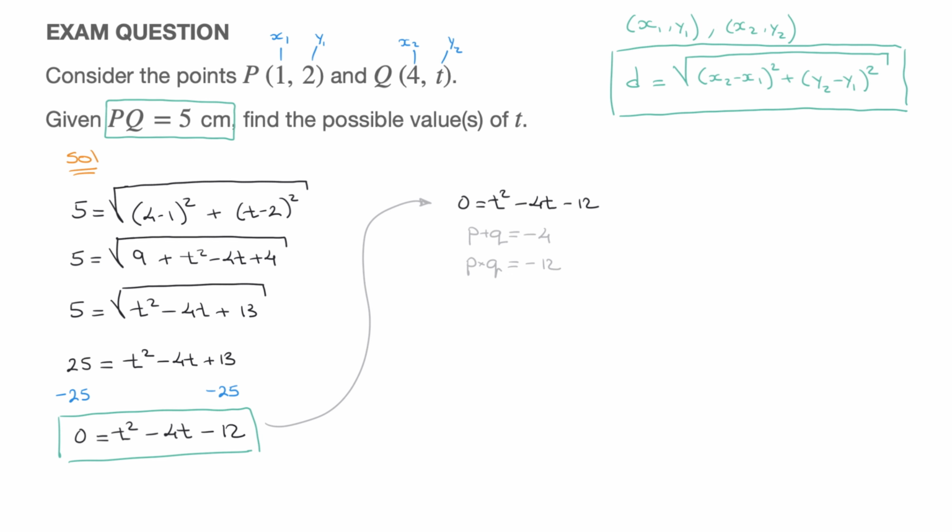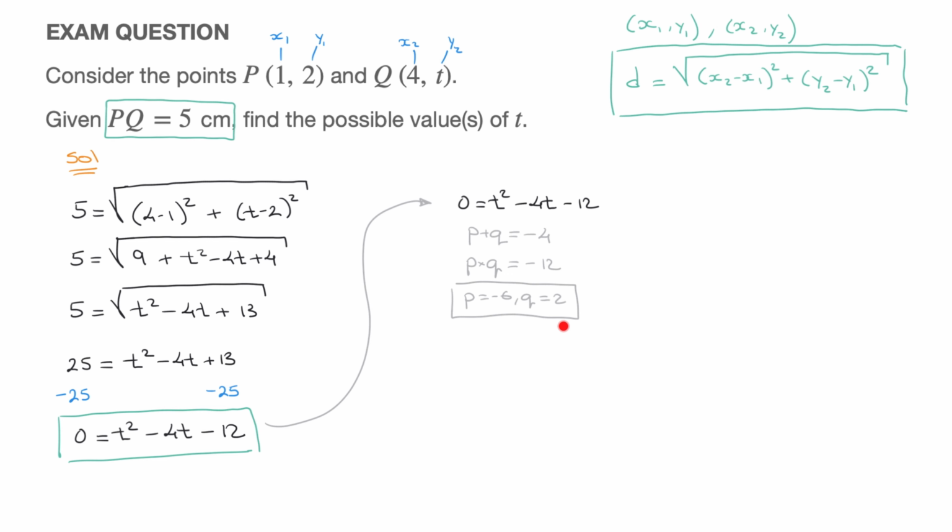And after a bit of inspection, we'll find that the numbers negative 6 and 2 work perfectly. Indeed, if I let p equal negative 6 and q equal 2, or I could have also said p equals 2 and q equals negative 6, it's completely arbitrary, then we'll indeed find that negative 6 plus 2 is equal to negative 4, and negative 6 times 2 is equal to negative 12. So these two numbers definitely work.